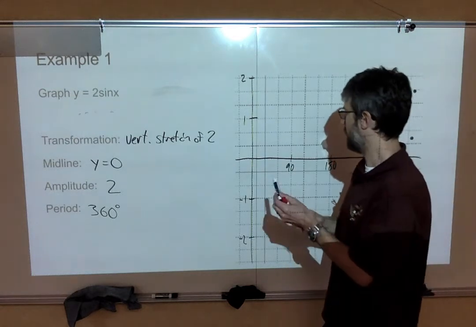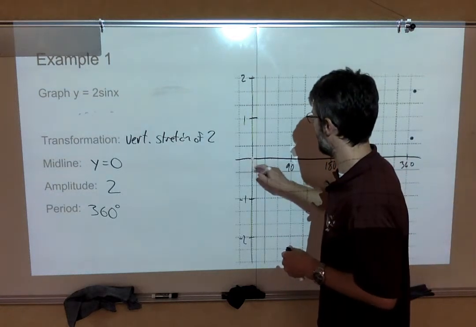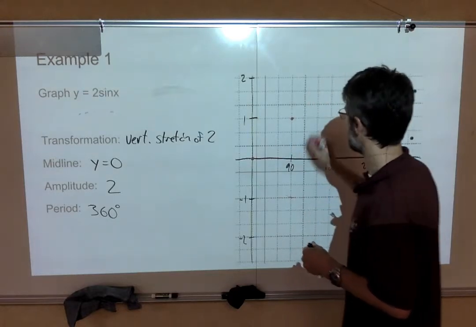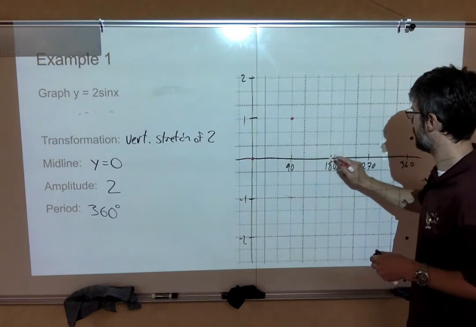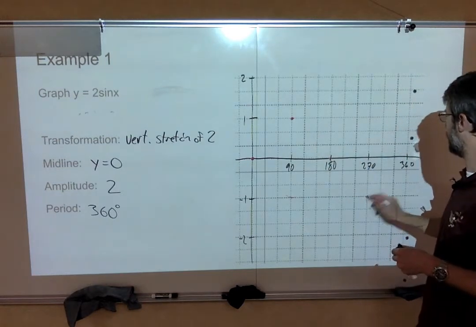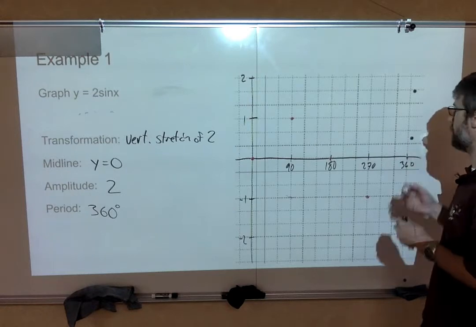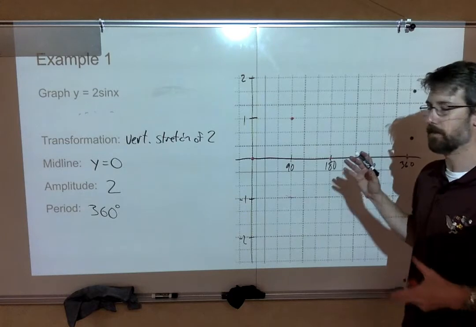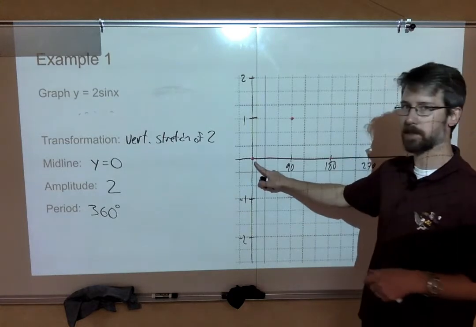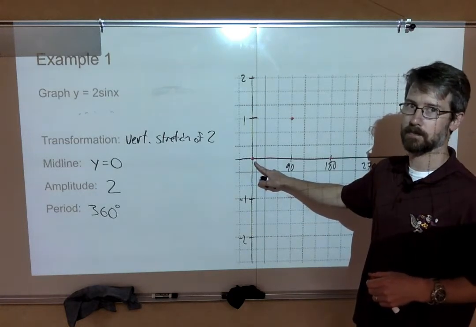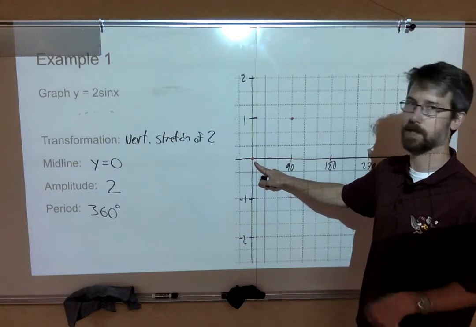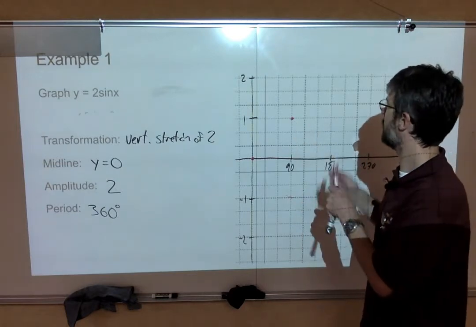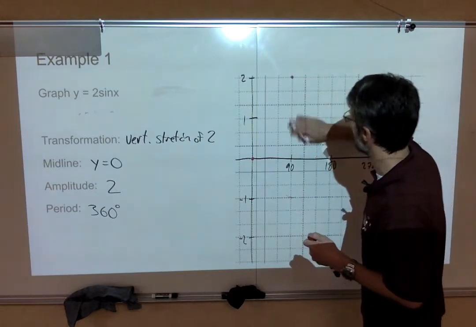All right, now I'm going to start with my important points, right? For sine, it goes 0, 1, 0, -1, and 0. Now let's think about what happens if I multiply the height of each of these points by 2. If I multiply 0 by 2, it's still 0. So this one doesn't change. If I multiply +1 by 2, it stretches up to 2.